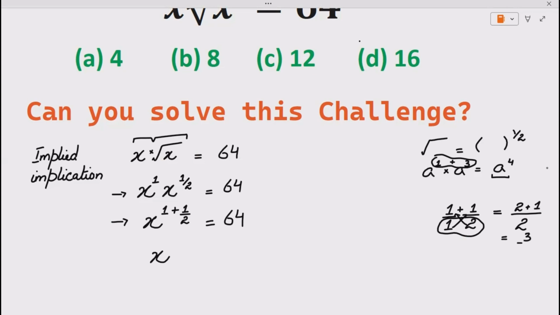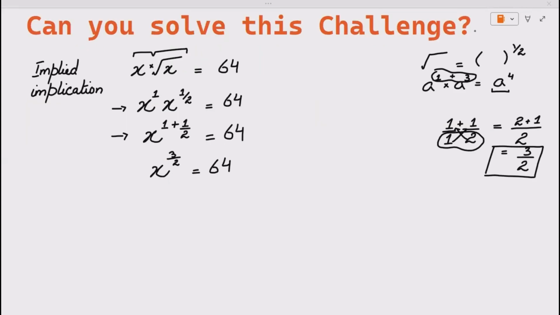So 3 upon 2 is the addition of the two fractions. If you didn't know about this, you can click on the right-hand side for the fraction video on our channel, in which we tell how to add and subtract different fractions. Now we got 3 upon 2, so the power is 3 upon 2, equals 64.